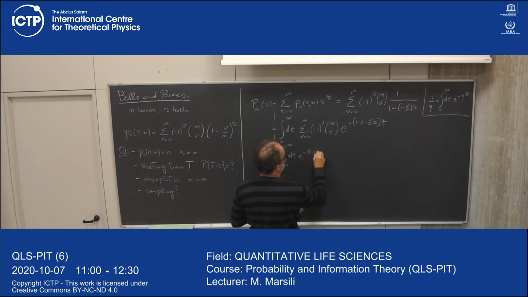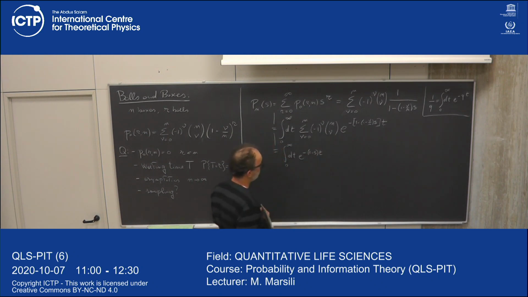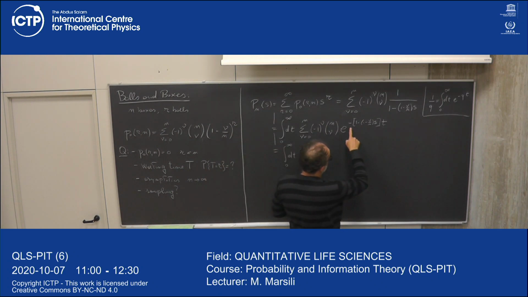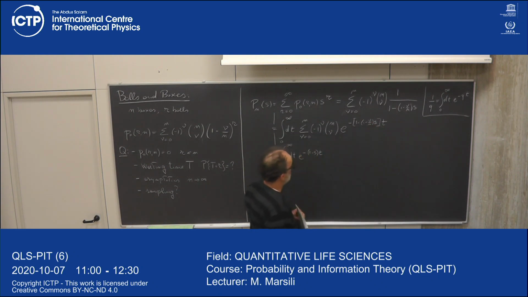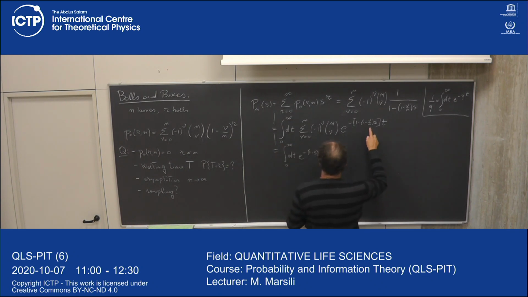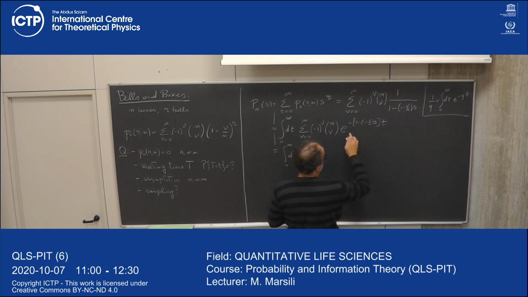1 minus s times t. And then what remains is e to the minus nu over n times s times t. And this is something that is a power of nu.